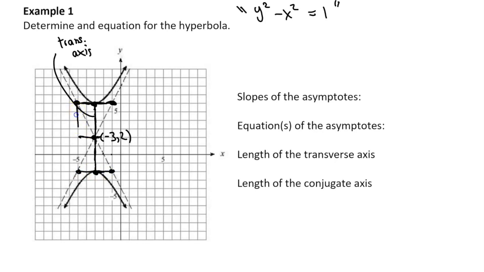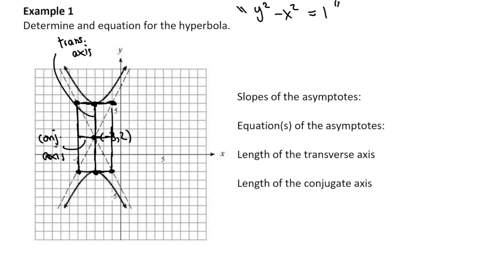And then from there, you can create a box. The box that you create, I think Michelson actually has a term for it. He calls it the fundamental rectangle or something like that. And that's going to tell us the length of the conjugate axis. And that's going to be right here.